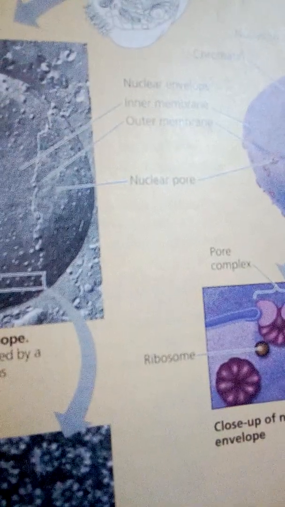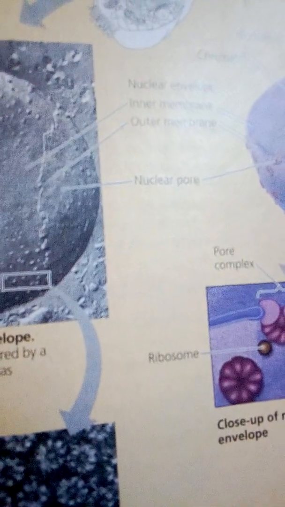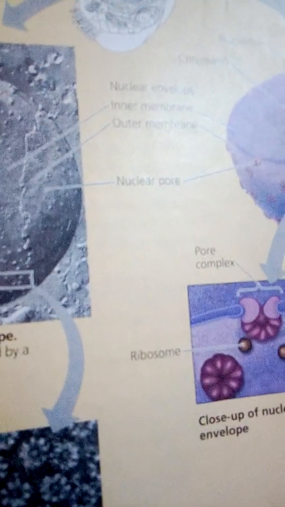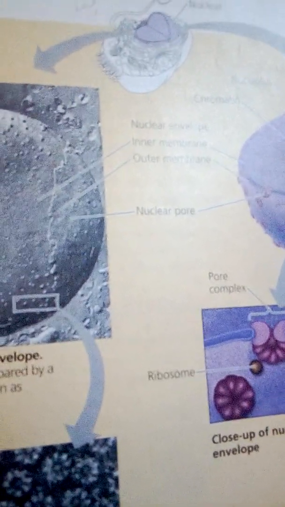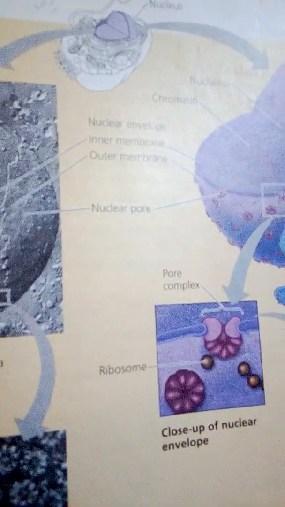Also, proteins imported from the cytoplasm are assembled with ribosomal RNA into large and small ribosomal subunits in the nucleolus. These subunits then exit the nucleus through the nuclear pores into the cytoplasm, where a large and small subunit can assemble into a ribosome.